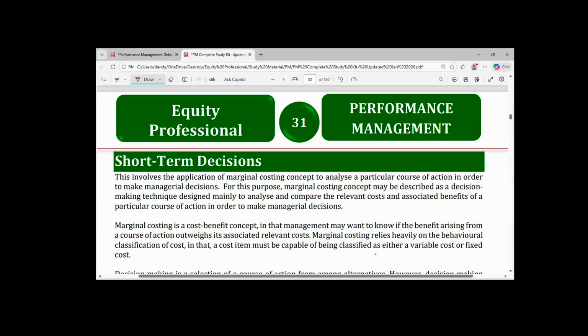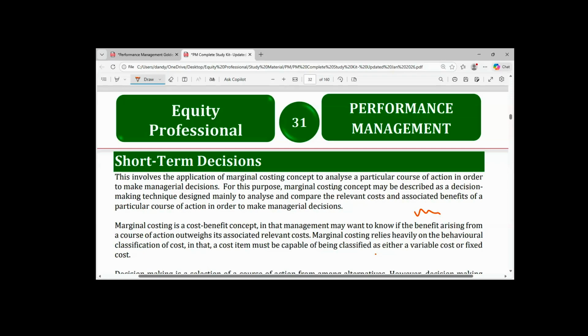For this purpose, we can say that marginal costing concepts involve the process of comparing the benefits arising from a particular course of action with its associated relevant cost. Again, marginal costing technique involves the process of comparing the benefit arising from a course of action with its associated relevant cost.